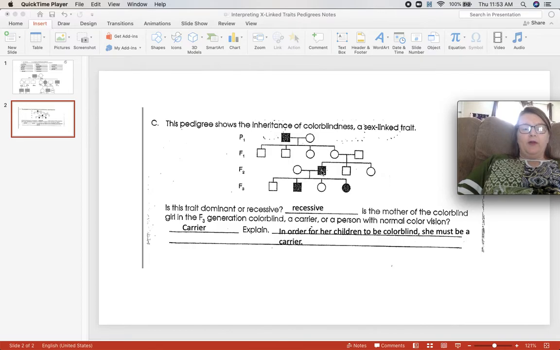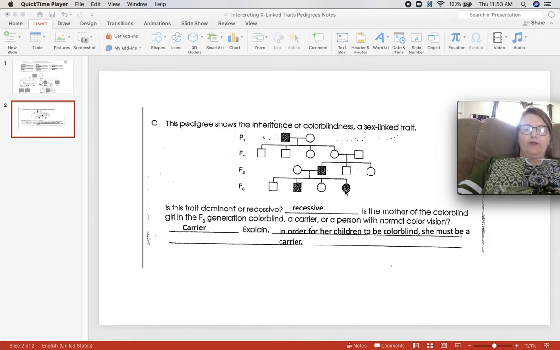It cannot be dominant. And then the next question is, is the mother of the colorblind girl in F3 generation colorblind, a carrier, or a person with normal vision. So the girl in F3 is this little lady right here. She is affected, and it's asking about her mother. So her mother is that lady there. So her mother, in order to have children that are colorblind, she has to be a carrier.